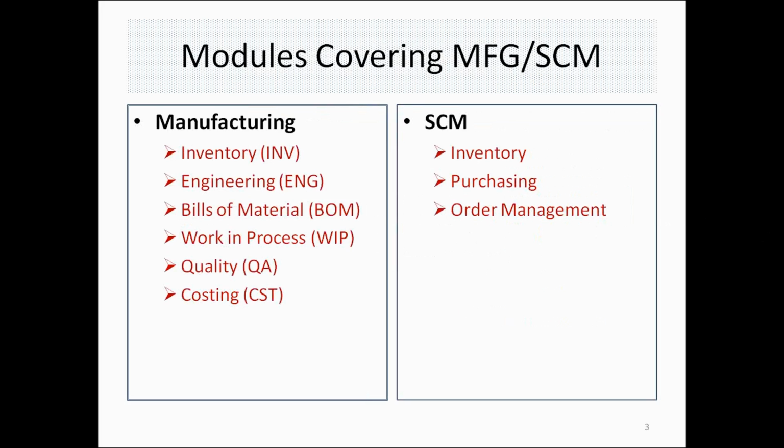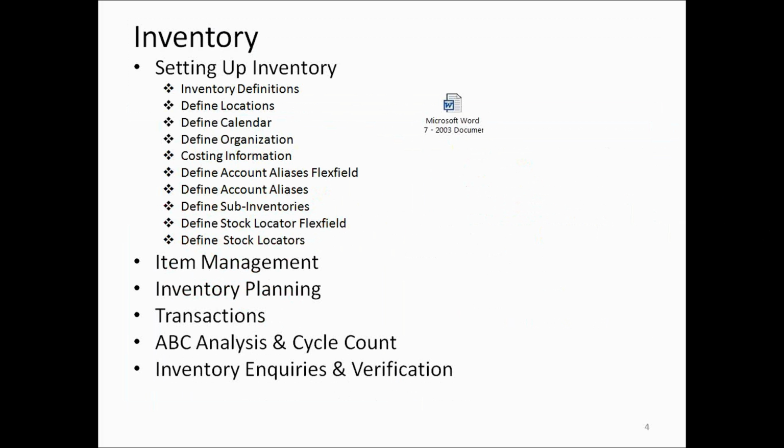Okay, so as I said, these are the different modules. If you say manufacturing, there are almost 6 modules, and SCM, there are roughly 3 modules. Let's say I'm training for a manufacturing batch. Okay, so if I take inventory, in inventory, I've just tried to put some points.